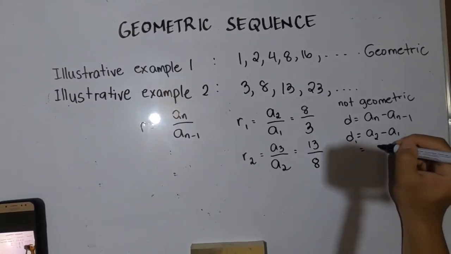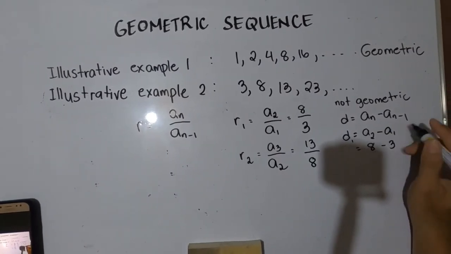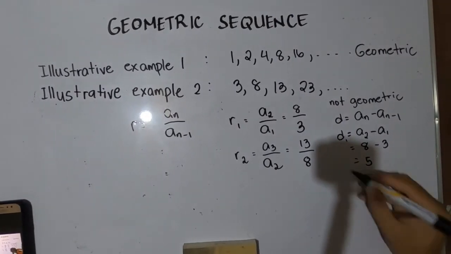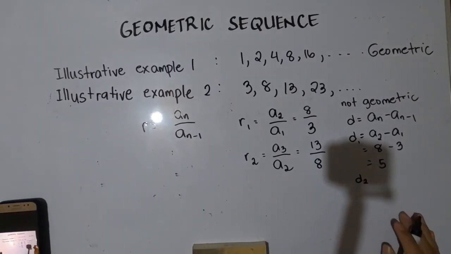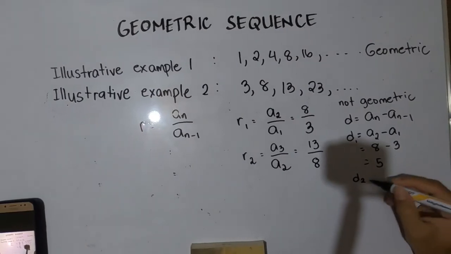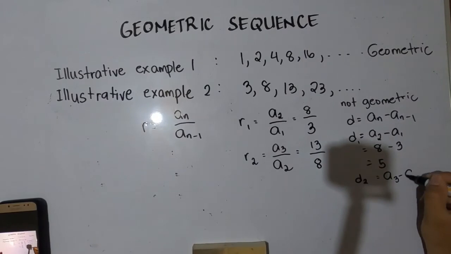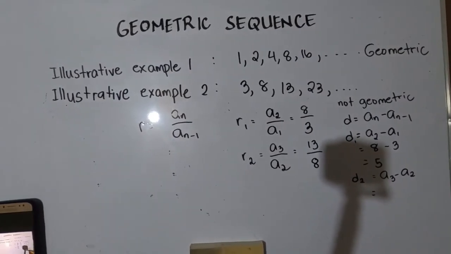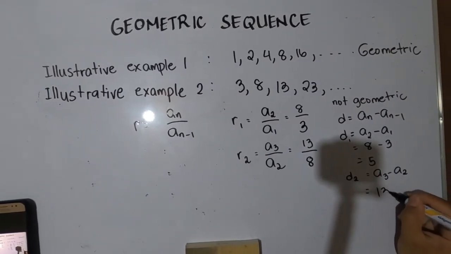A sub 2 is 8. A sub 1 is 3. 8 minus 3 is 5. Let's verify that we have the same difference for the third term and the second term. That's d sub 2. So a sub 3 minus its previous term, which is the second term. The third term is 13.